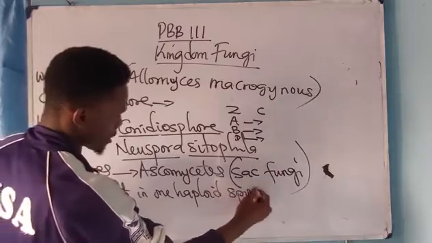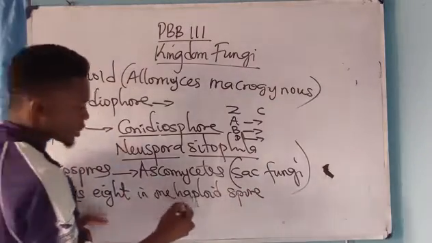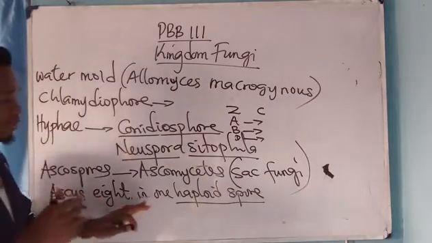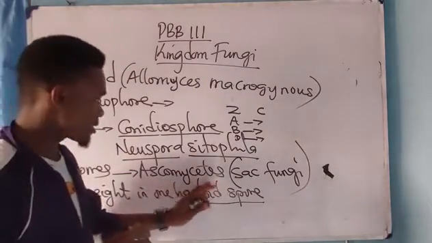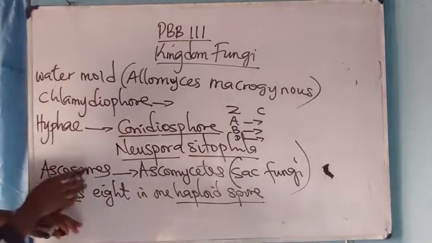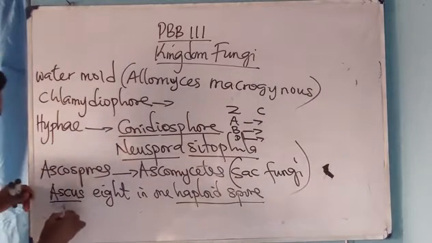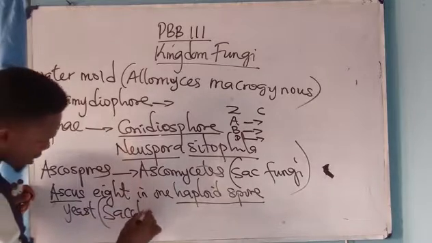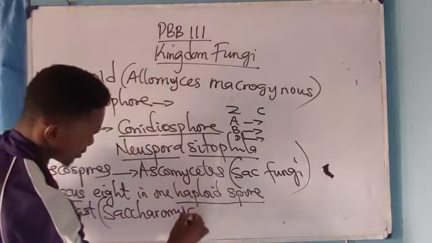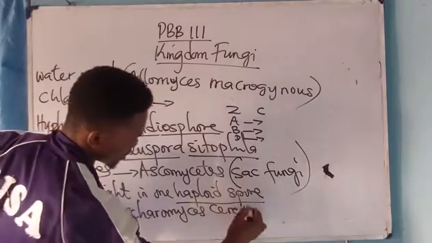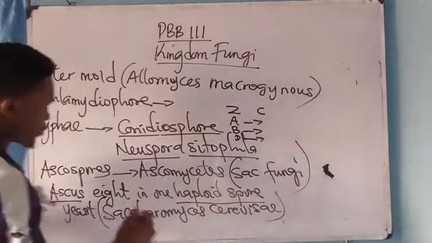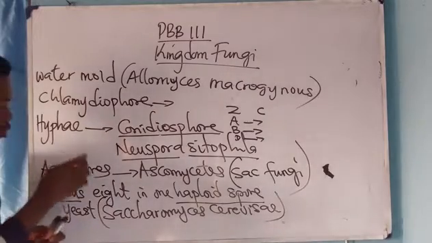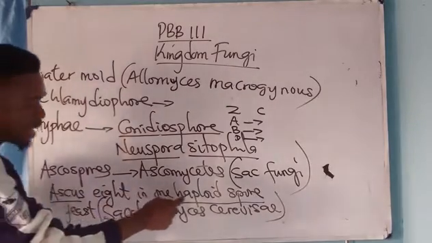A good example of an ascomycete that produces ascospores is the yeast called Saccharomyces cerevisiae. Saccharomyces cerevisiae produces ascospores, and these ascospores occur in eights in one haploid spore.